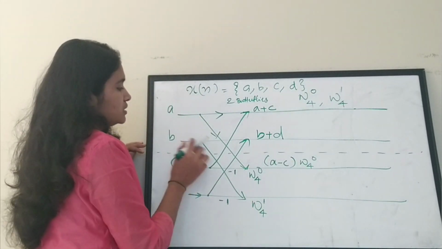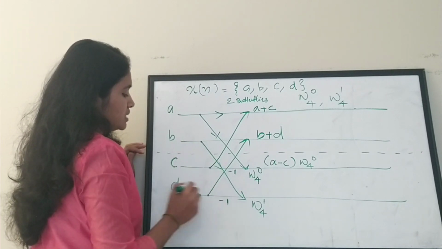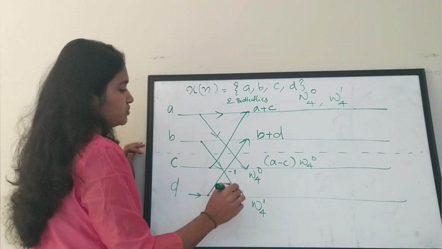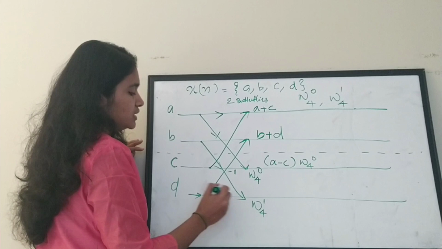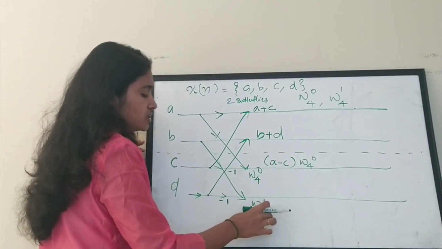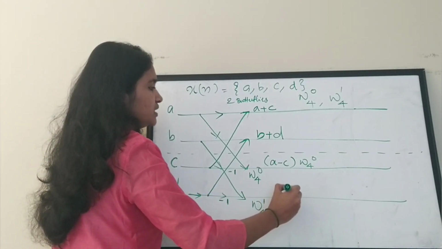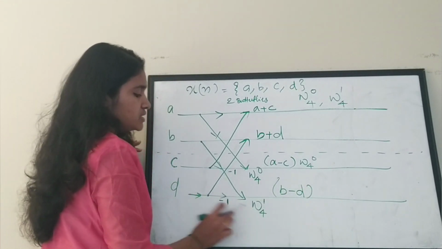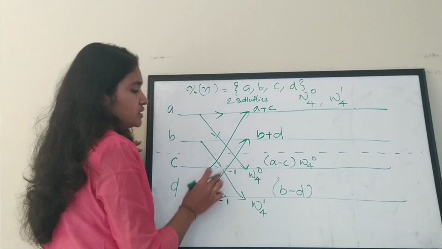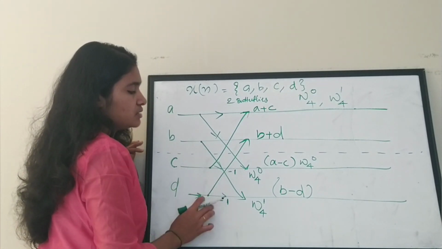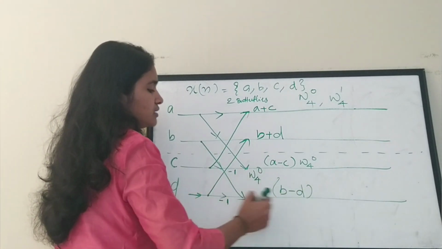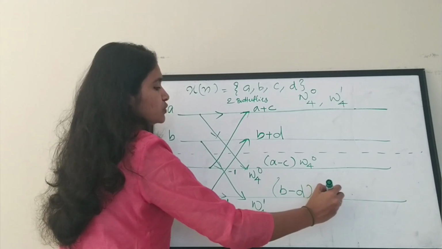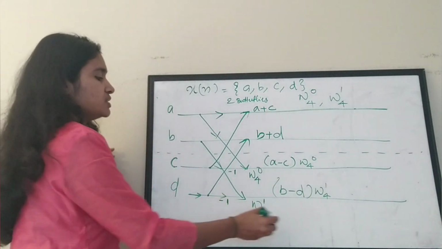The next one is B, and here the other input is coming from D. There is a negative and there is a twiddle factor, so B minus D. The minus is because the branch here is negative. So the lower 2 branches are negative, and there is a twiddle factor which is W4 raised to 1.